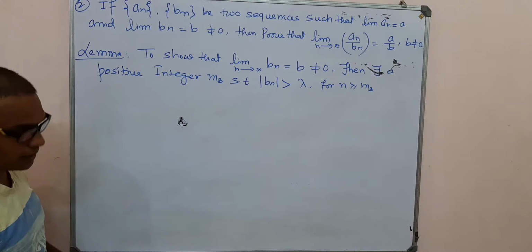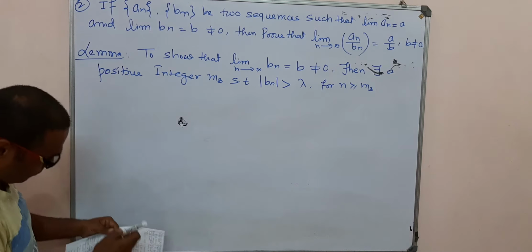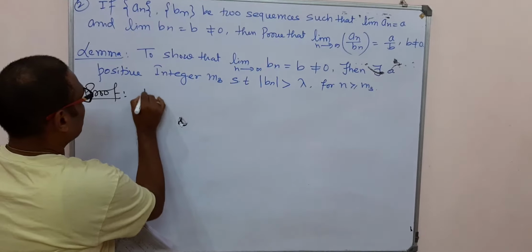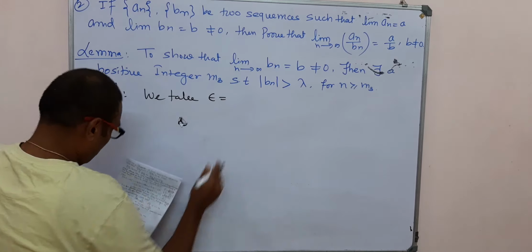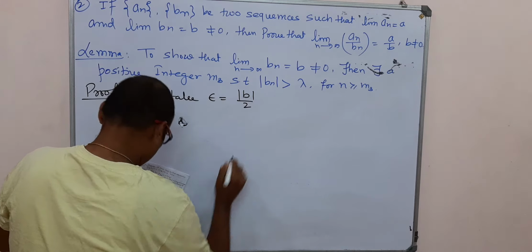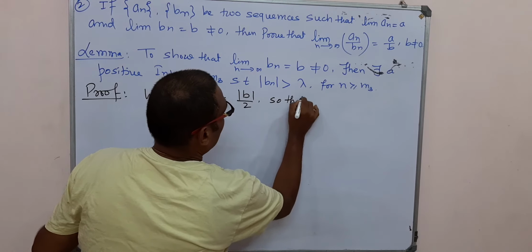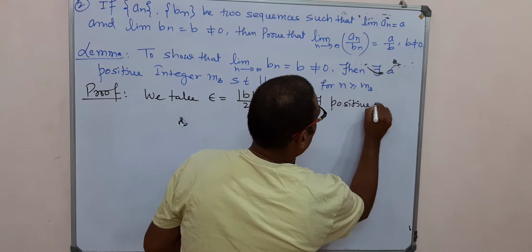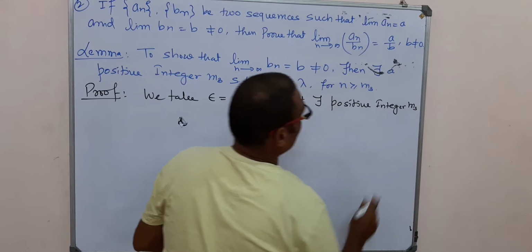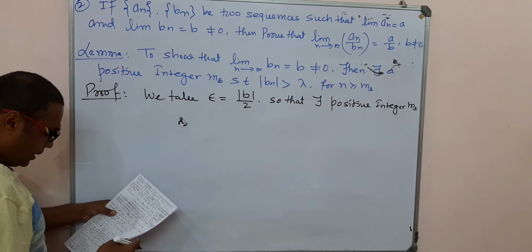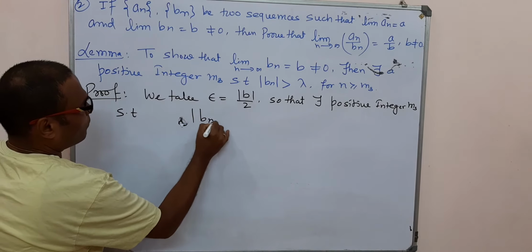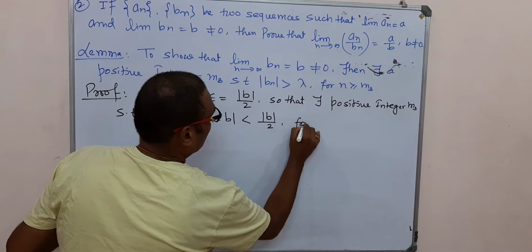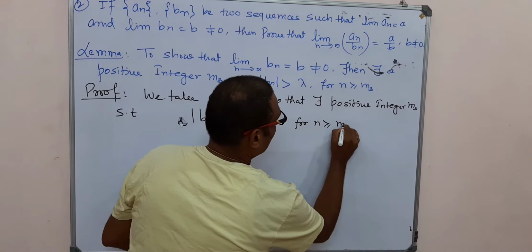So here is the proof of this lemma. Let us take epsilon equal to mod of b upon 2, so that there exists a positive integer m3 such that the mod of b_n minus b is less than mod of b upon 2 for all n greater than or equal to m3.